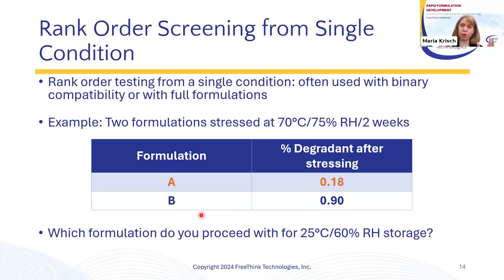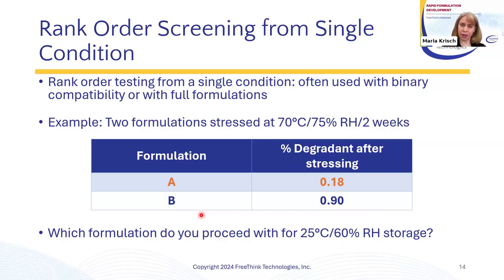If this is the only data that you have, one of these clearly reacts more. One of these has much higher degradant levels. So if you have one data point, you would rank formulation A as better than formulation B. It seems like a no-brainer question.